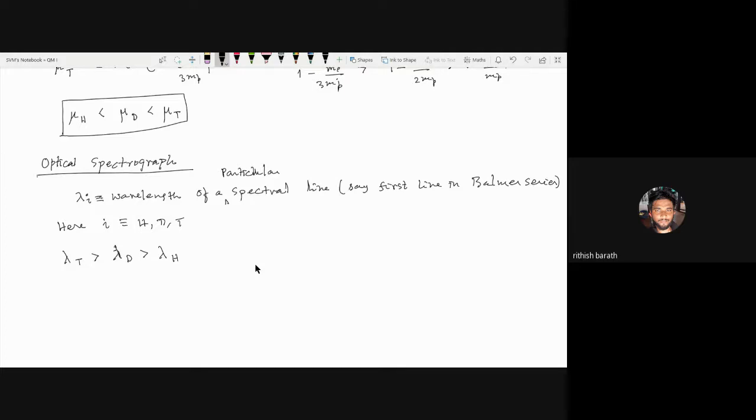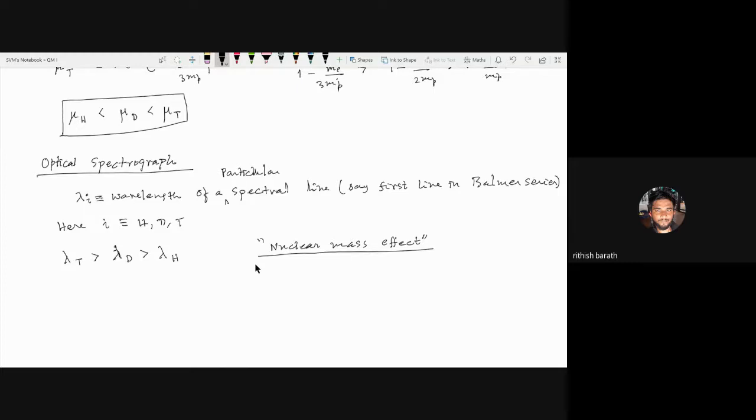So frequency decreases, that means the wavelengths will increase. So this is what you call the nuclear mass effect. This effect is experimentally observed using the optical spectrograph.